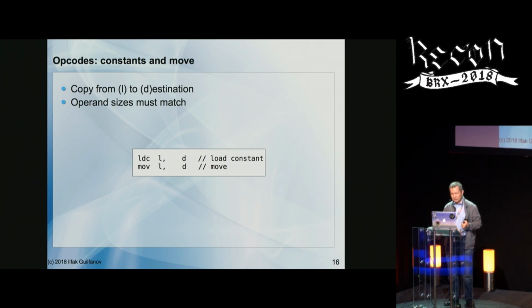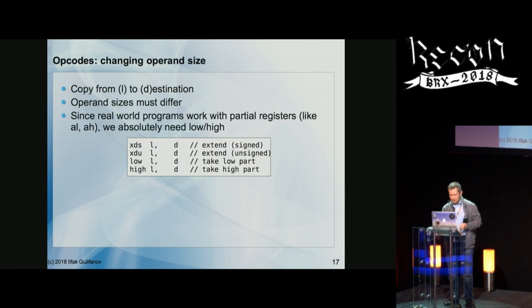There's also the middle operand, but it's not used in this case. Since real-world programs work with partial registers, we absolutely need to be able to work with different operand sizes. Therefore, we have instructions to extend a value, signed or unsigned, and take a lower or higher part of a value.